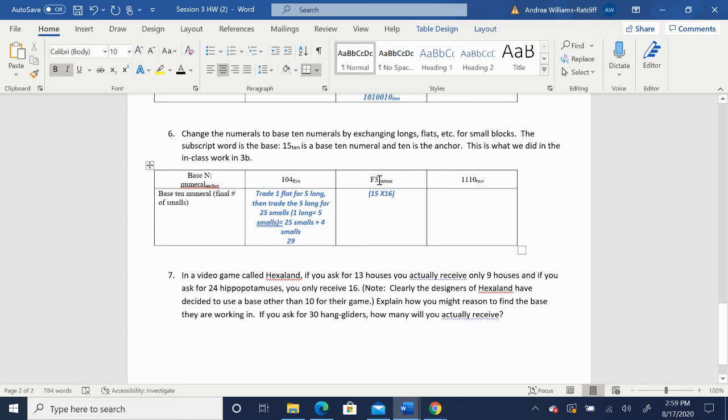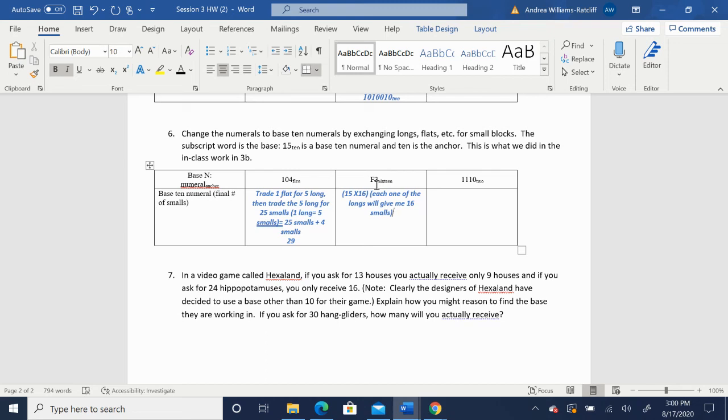Every time I trade one of these, and I've got 15 of them, each one of the longs will give me 16 smalls, and I have 15 of them.